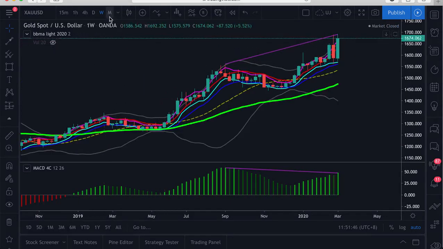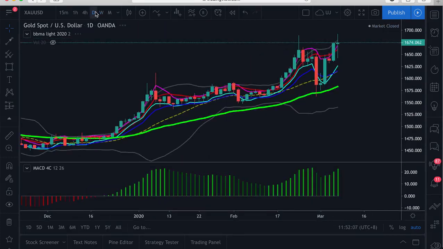So for gold, in weekly time frame, we can see price keeps going up. However, if we look at the oscillator MACD, we can see that the peak is getting lower. Okay, so this will hint at a potential reversal. However, we need to confirm this theory.